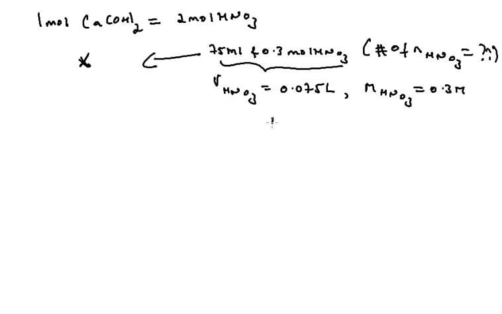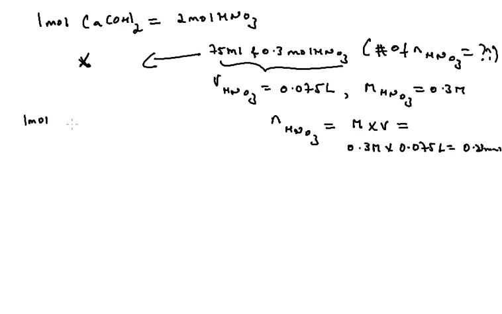So the number of moles of nitric acid would be the molarity of nitric acid times the volume of nitric acid, which means 0.3 M times 0.075 liter. So the number of moles is going to be 0.23 moles.